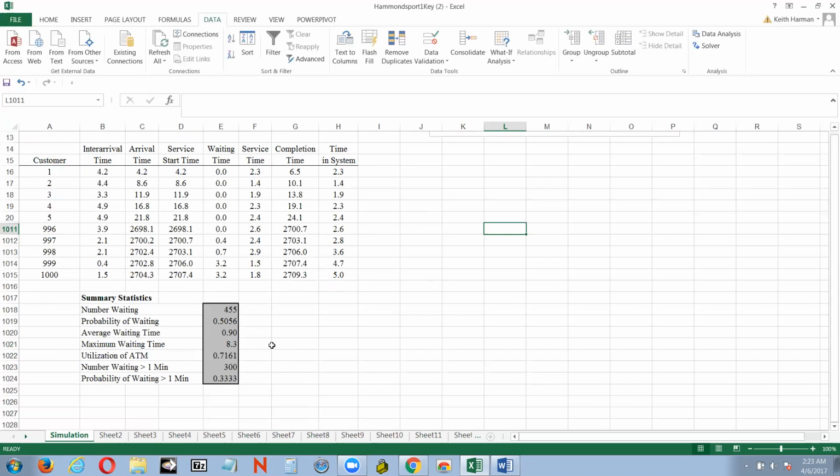Now, I had mentioned that I wanted you to take a look at pages 561 to 572. I'm going to take this opportunity to just show you, for example, over on page 568 in your text, you want to take a look at this figure 12.6. They show you the number of customers waiting 1 minute or less, and then a percentage of customers who had a waiting time greater than a minute. And then it walks itself all the way out to even those customers who had a waiting time greater than 6 minutes.